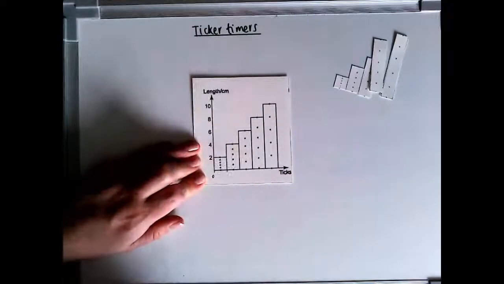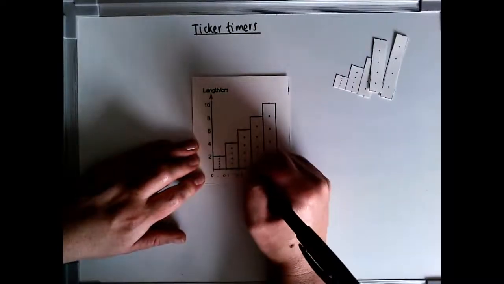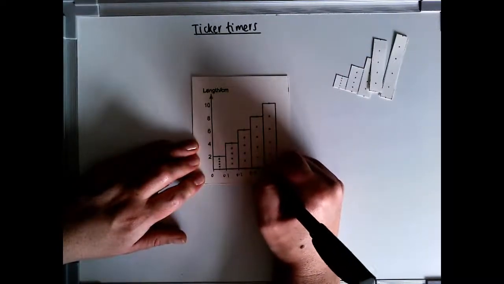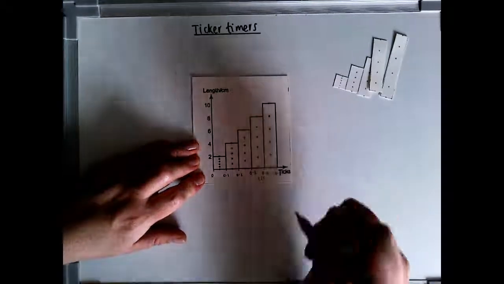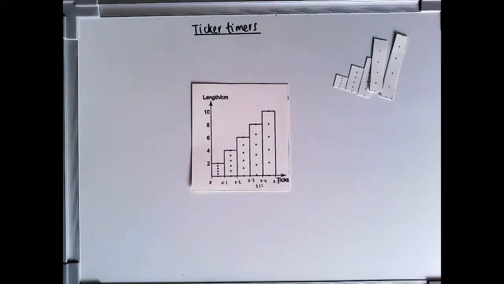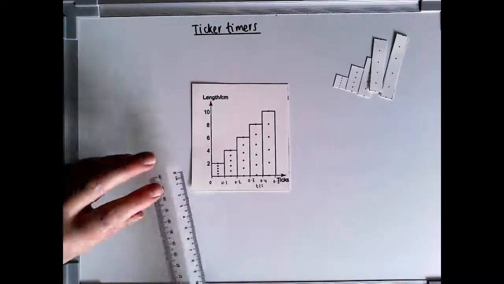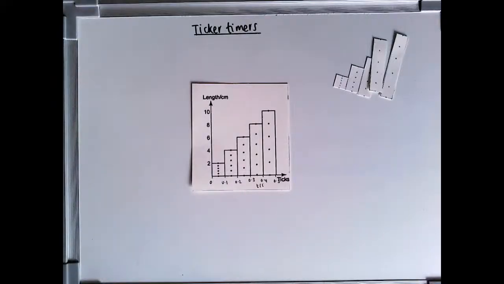After the first section was finished, I'd gone through 0.1, 0.2, 0.3, 0.4, 0.5, and that's time in seconds. Okay. I can then measure the distance that the tape travelled. You can see 2, 4, 6, 8 and 10 centimetres.